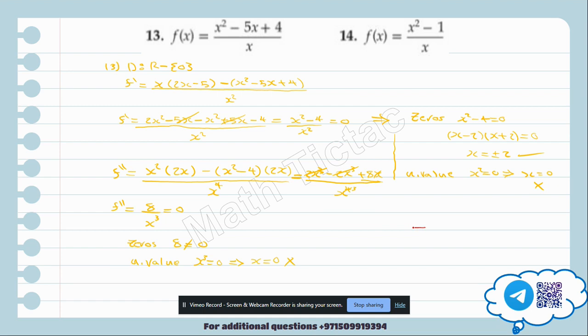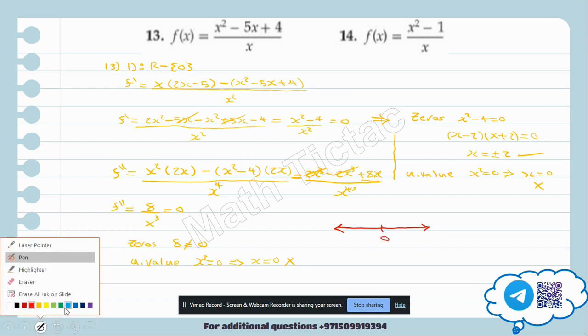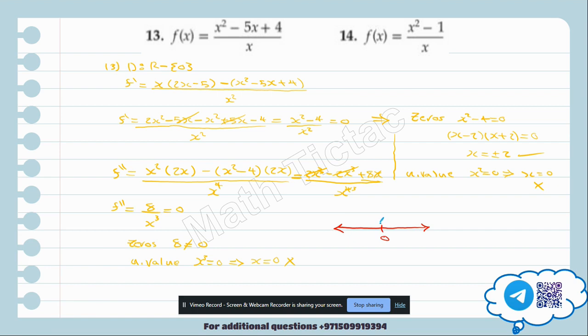So I'll grab the number line. Here I have 0. Be careful, this is rejected, and I will test the value of the second derivative from the right of the 0 and from the left of the 0. From the right, if we substitute any value, let's say positive 1, it will be 8 over 1 cubed, which is positive. From the left, if you substitute minus 1, it will be negative.